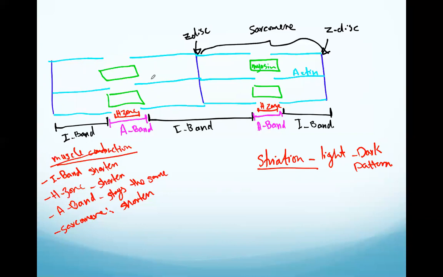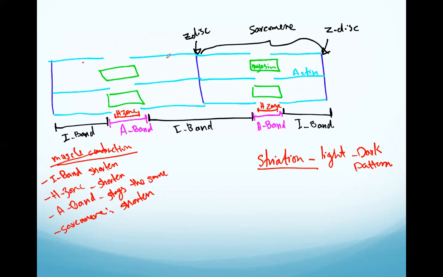So when you look at it, imagine the light is hitting this sample from behind your computer. The regions where you have actin are pretty thin filaments that allow a lot of light to pass through the sample. So right here, and right here, lots of light can pass through the sample because they have the thin filaments.